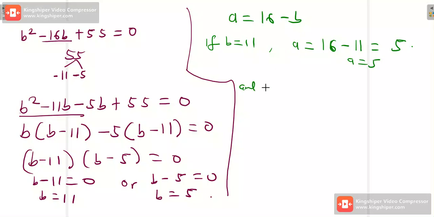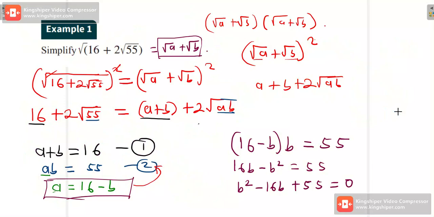And if b is rather 5, then our a will also be 16 minus the b, which is 5. Then our a will be also 16 minus 5, which is 11. So we have finally gotten the answer. Remember that we are just looking for the square root of a set.